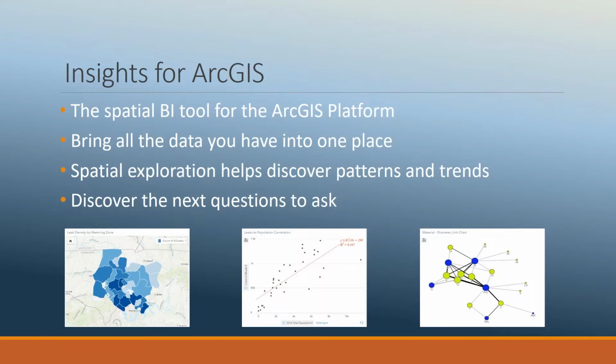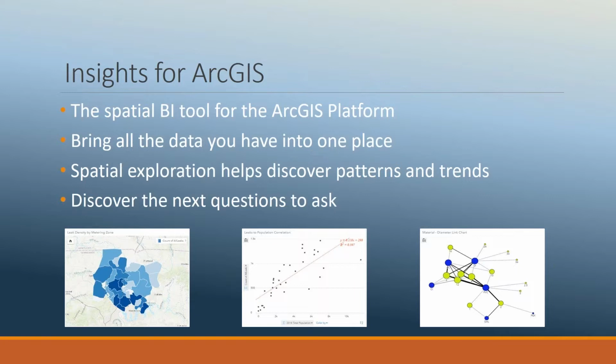And it is going to help you address the problem that we have been seeing, where you have lots of data, but it's separated out into silos all over your enterprise. What Insights is going to let you do is bring all that data to one location virtually.